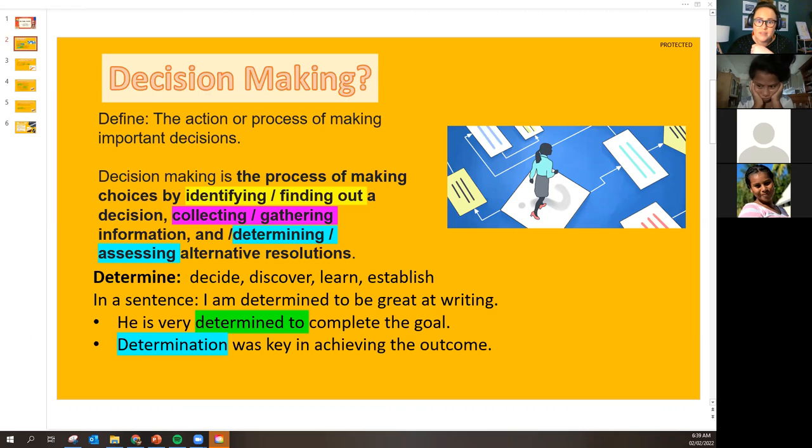Very, very important. Okay, so that can help as well. And I've even put it in a couple of sentences here for you. He is very determined to complete the goal. Determination was key in achieving the outcome. Okay, so you've got those ones as well.